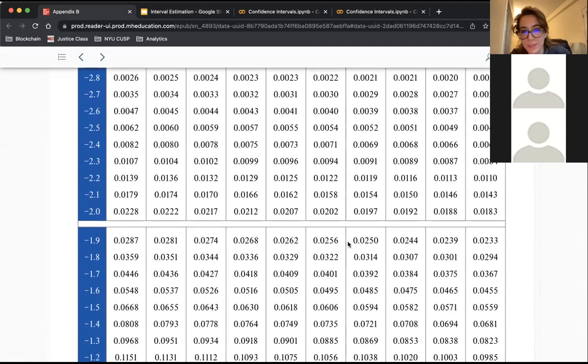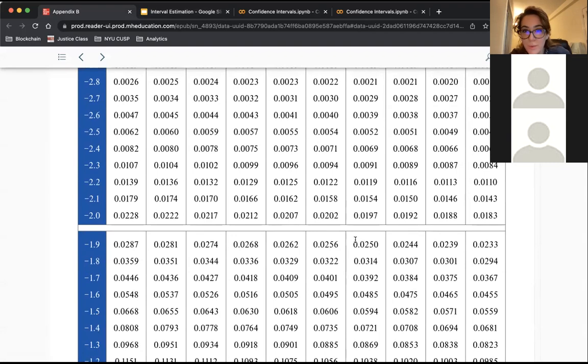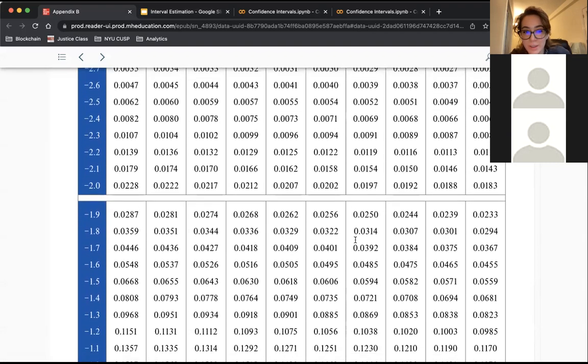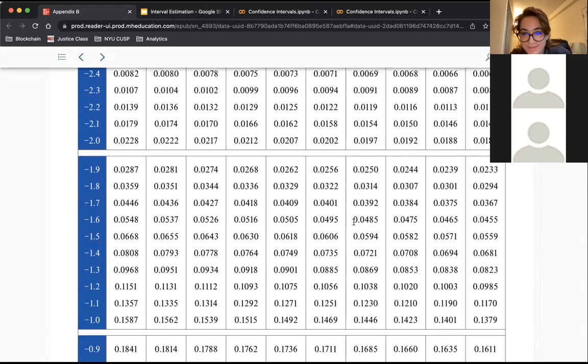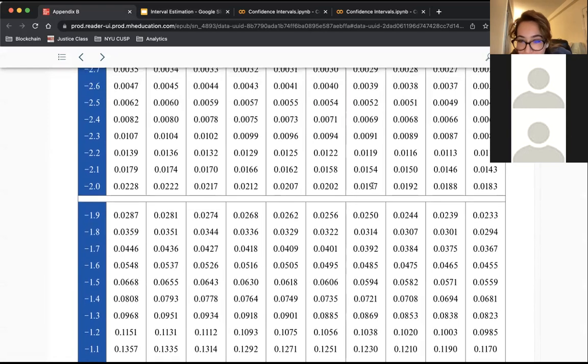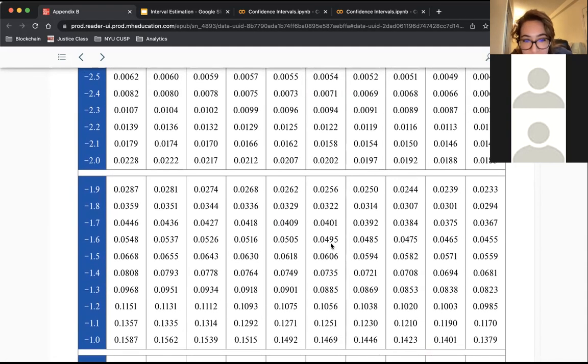If we needed to find that value of 0.005 instead of 0.025, we will now look closer to the mean and find that value of 0.005, trying to get as close as we can to it.